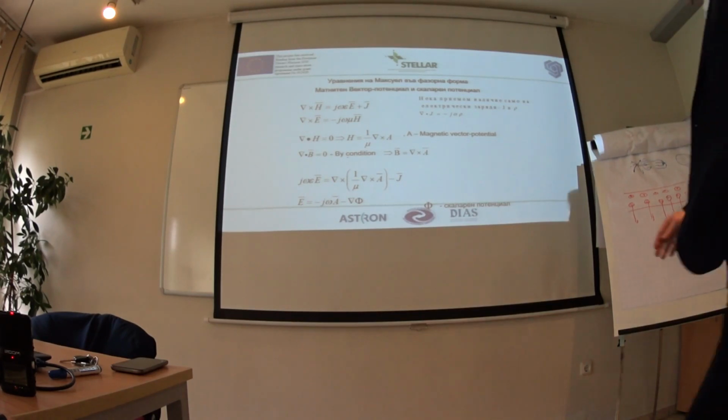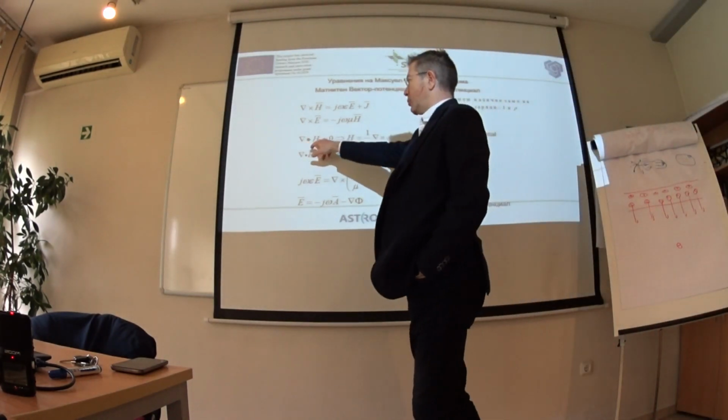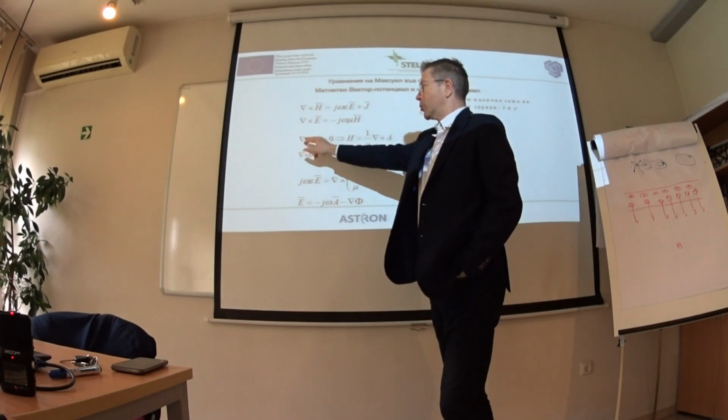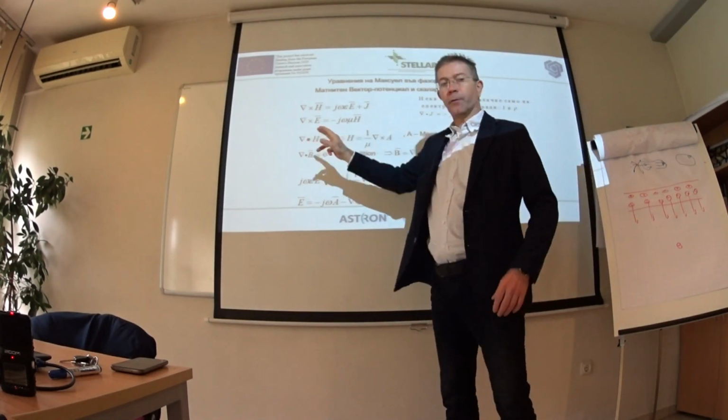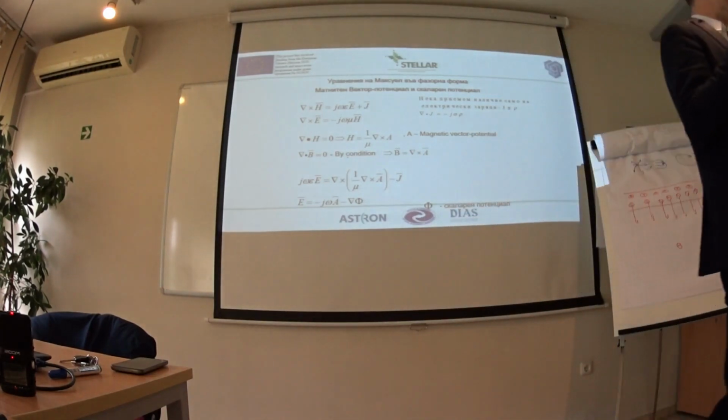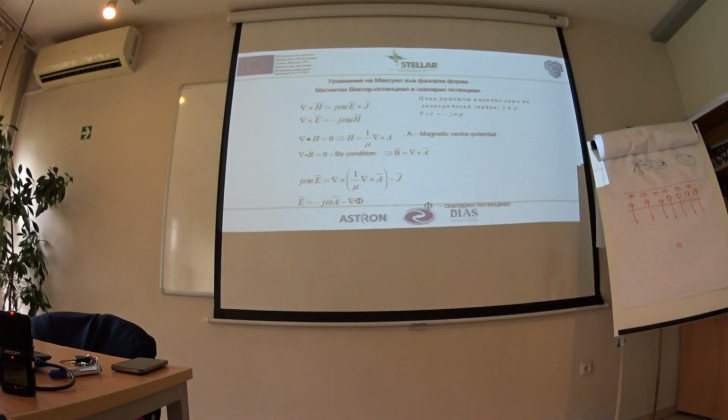Yes, very good question. Nabla dot H means the divergence of the H vector, the magnetic field. In plain words, it means that there are no point sources of the magnetic field. There are no monopoles. Yes, no magnetic monopoles. But I don't get the second part.